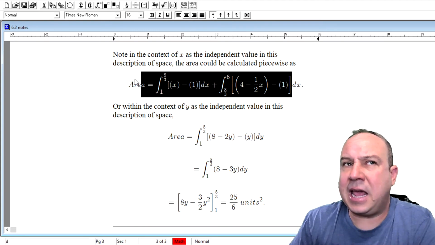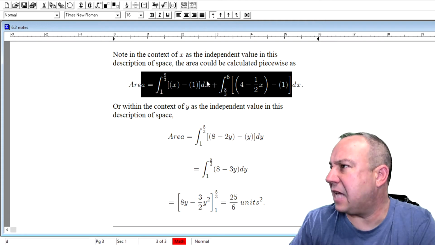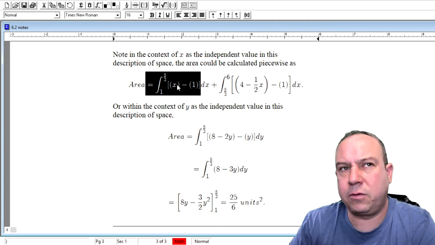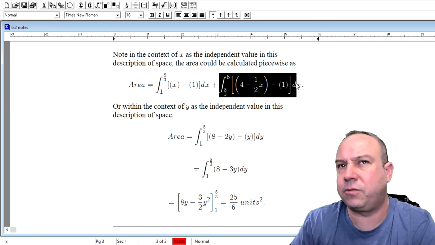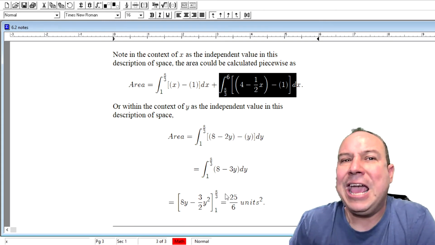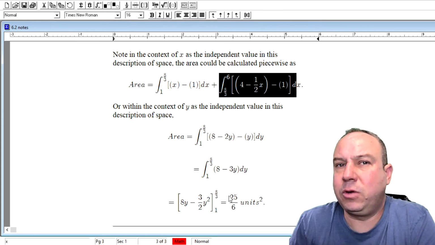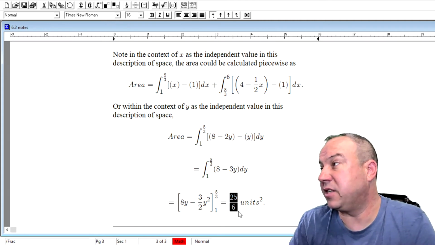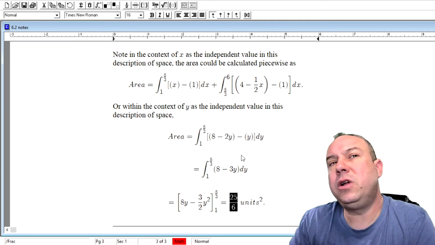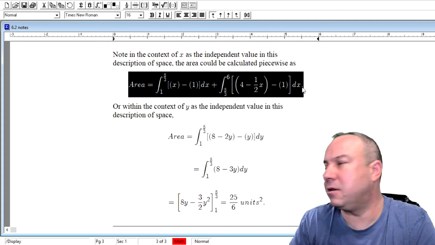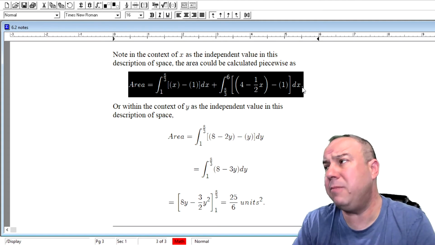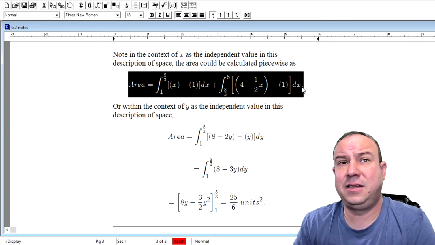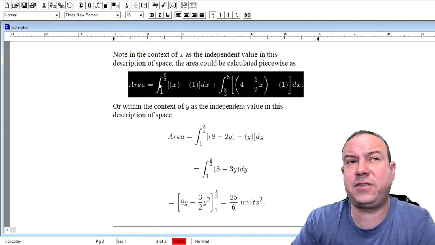That would be the same value the classical calculation will give you. If you go through that definite integral calculation and this definite integral calculation and add up those two results, you should also get 25/6 in value. But you will notice that the classical calculation would be a little bit more tedious.